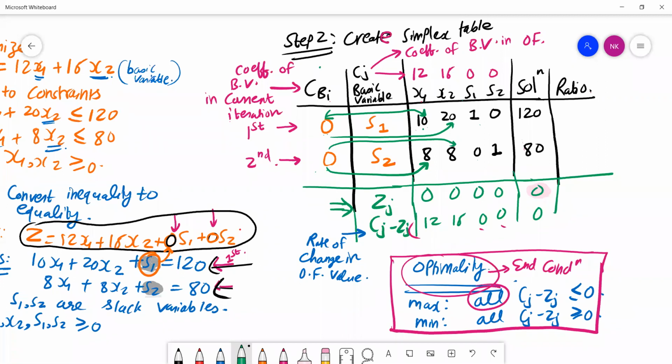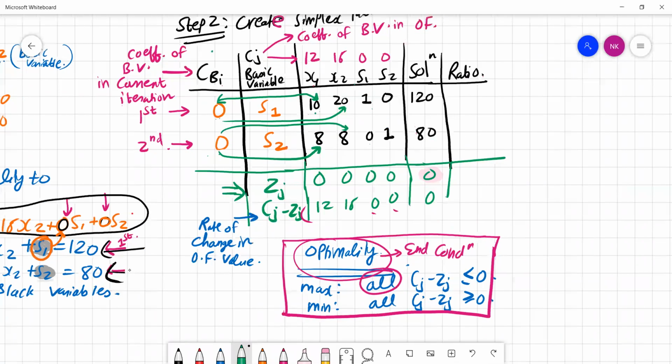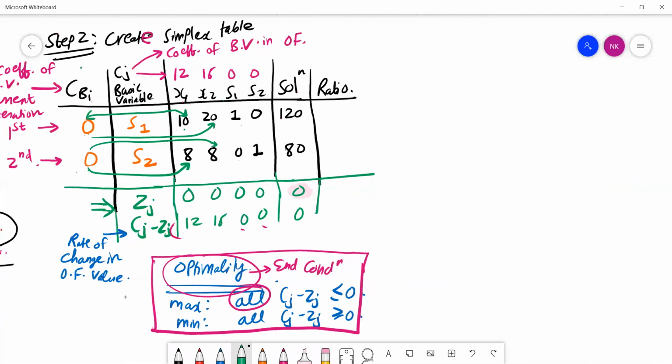So now your next step, it was step 2, so step 3, I'm writing, is to find key column, key row, and key element.